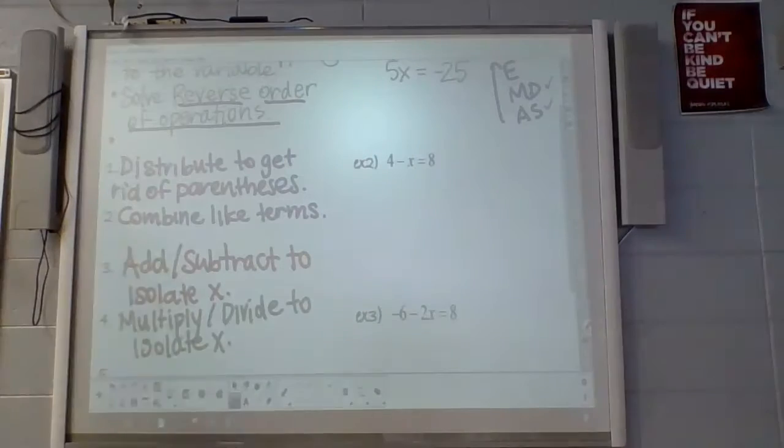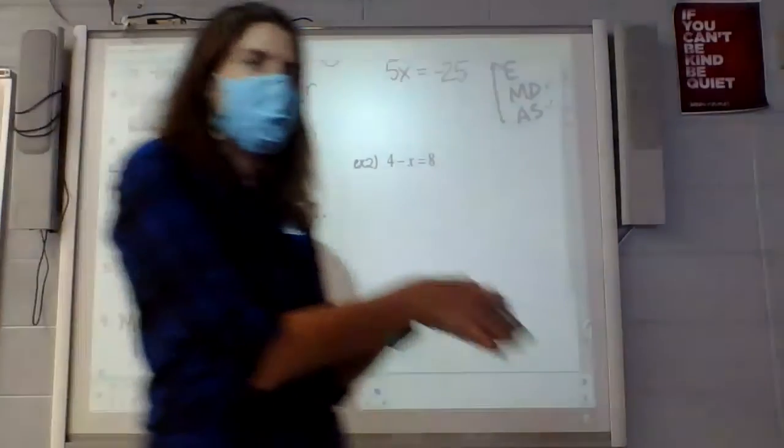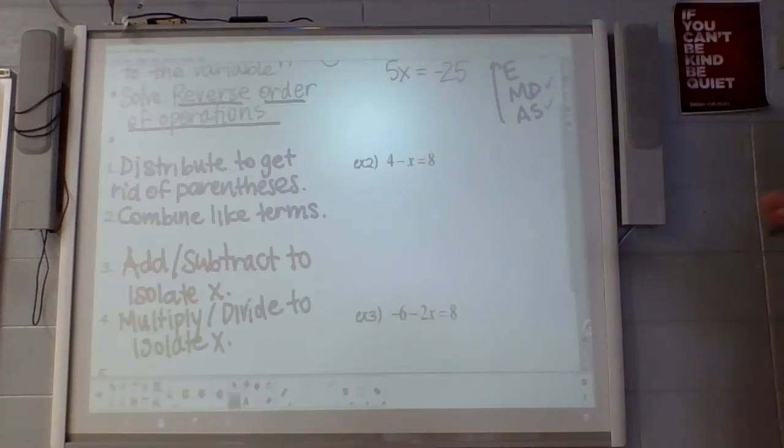So what's 5 doing to x? 5 and x are what? Multiplying. So to undo multiply, we're going to divide.